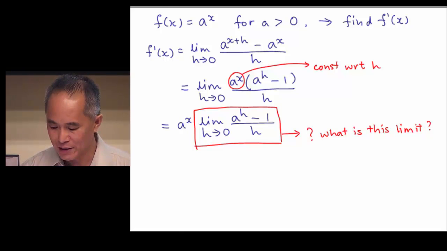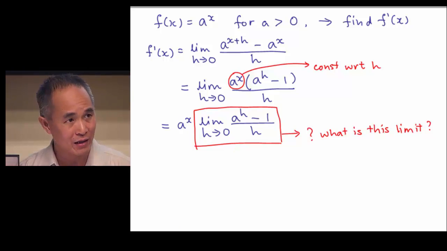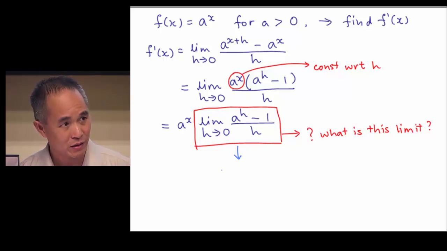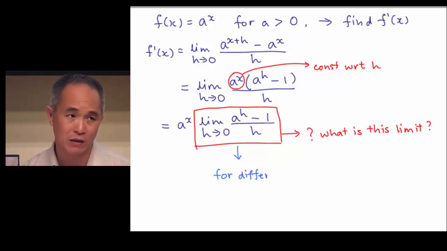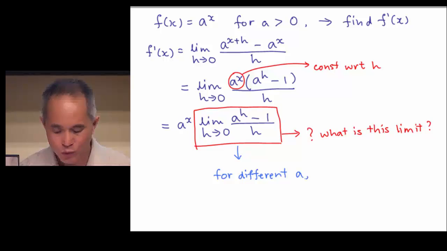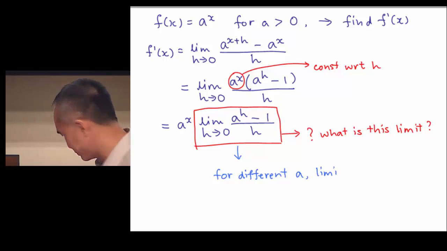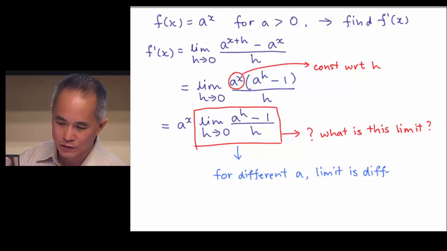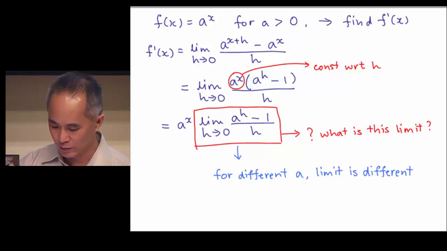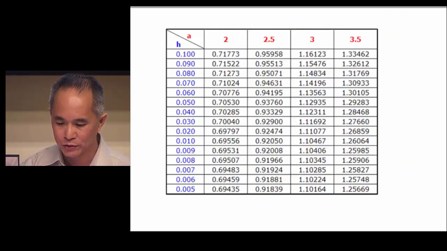It turns out that for different values of a, this limit will be different. I say that again: for different values of a, this limit will turn out to be a different number. So suppose we experiment with different values. Suppose I take a to be 2, and let h go towards 0.